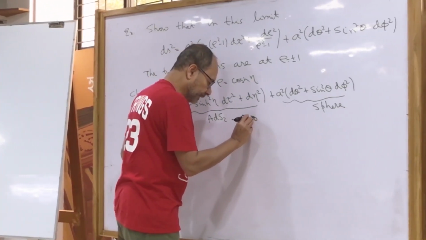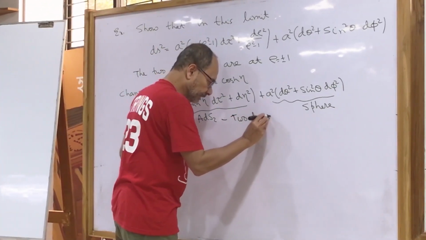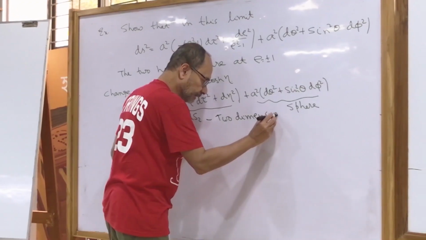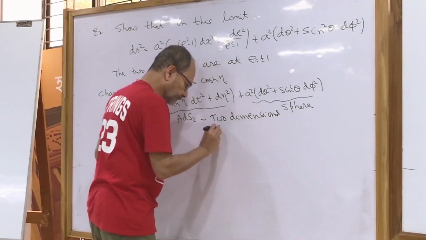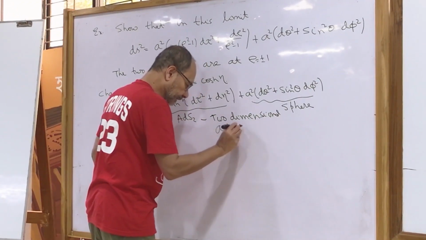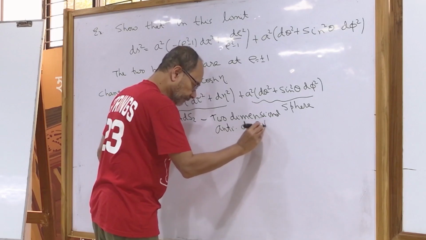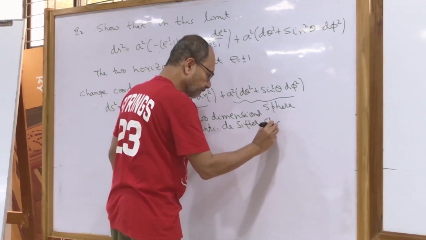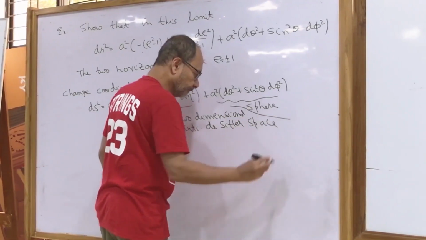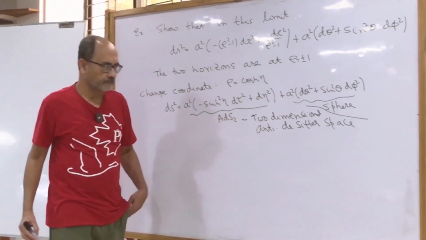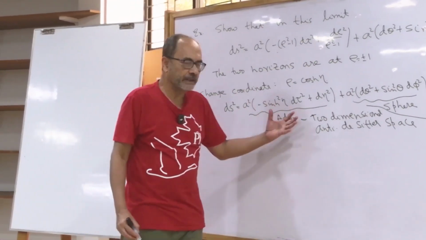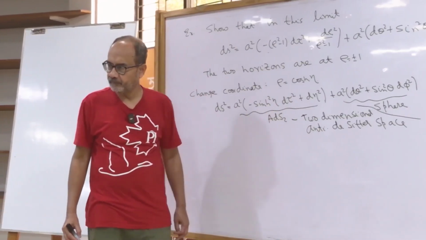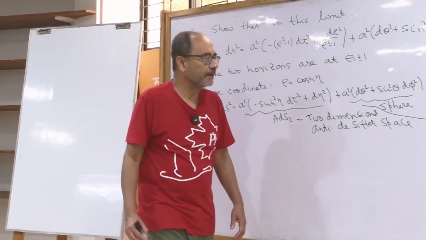Two-dimensional anti-de Sitter space. Why is it called AdS2? We'll see soon. As I said, this is similar to a sphere.